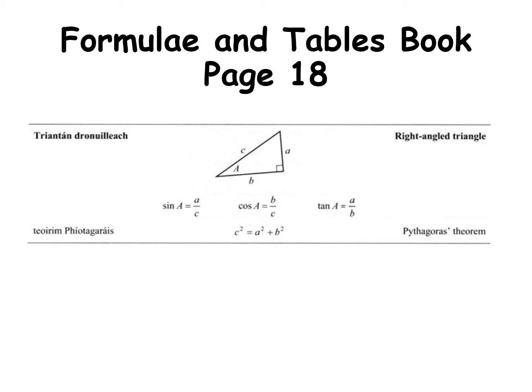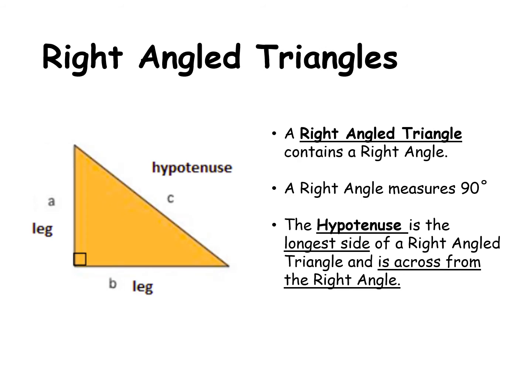Often students find it easier to learn sine, cos and tan off, which is absolutely fine, and then they often use this for Pythagoras. But the formula for Pythagoras' theorem is quite straightforward, and many students also know that off by heart. If it is a bit rusty, or if you can't remember what they are, please use page 18.